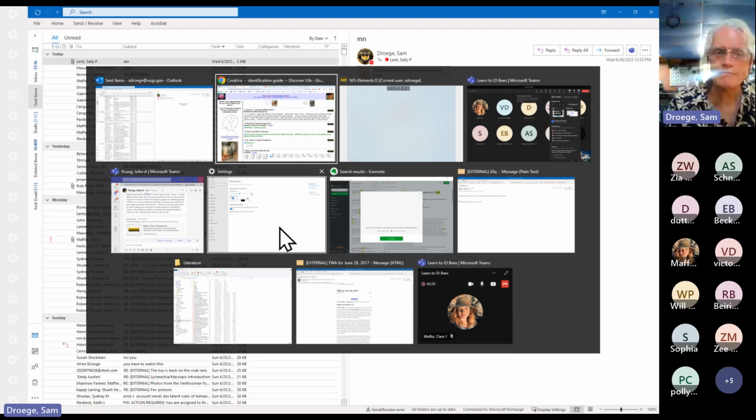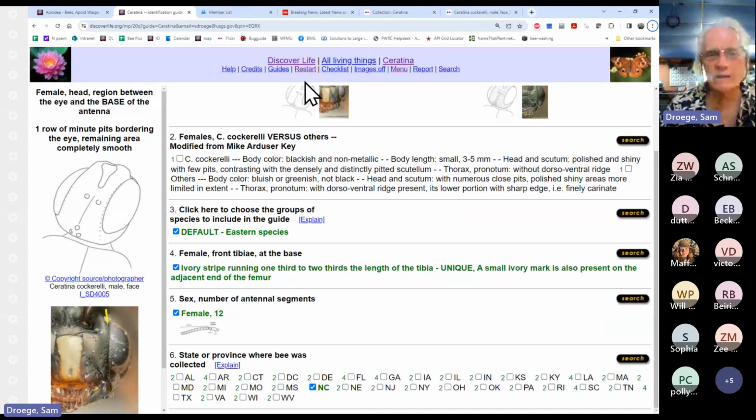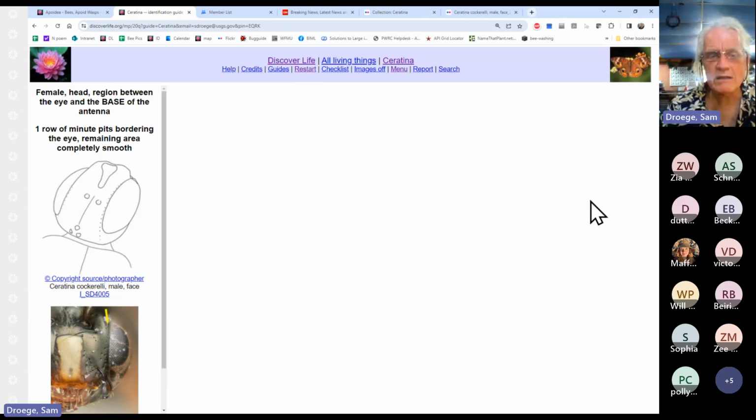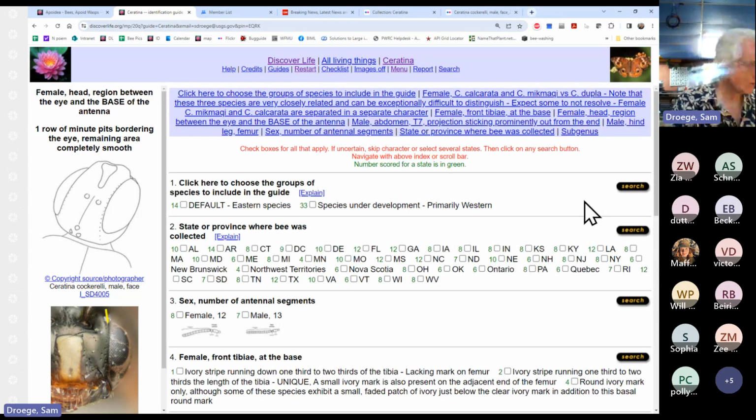So my feeling is, I'm trying to get back to the guide. Here we go. My feeling is that the deep midnight blue, oceanic blue, whatever you want to call it, that floridana has may be a marker of the color alterations that often occur when species move south. So, for example, the Augochlorella groups will move from just green. They're always green. Then they'll start picking up blues. They'll start picking up purples, and that happens in the Agapostemon too.